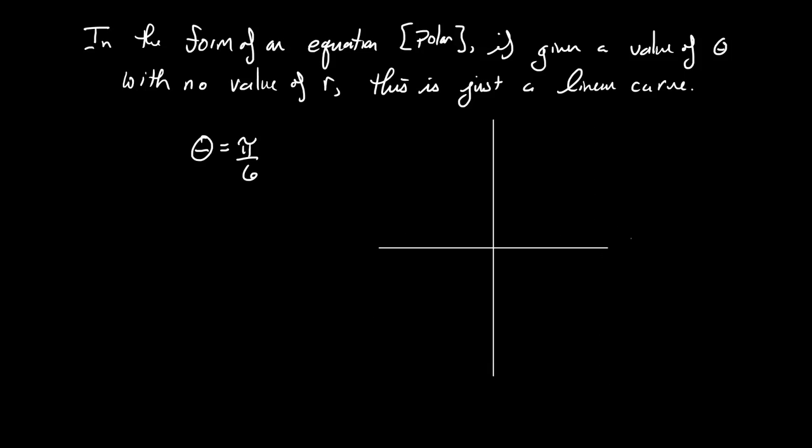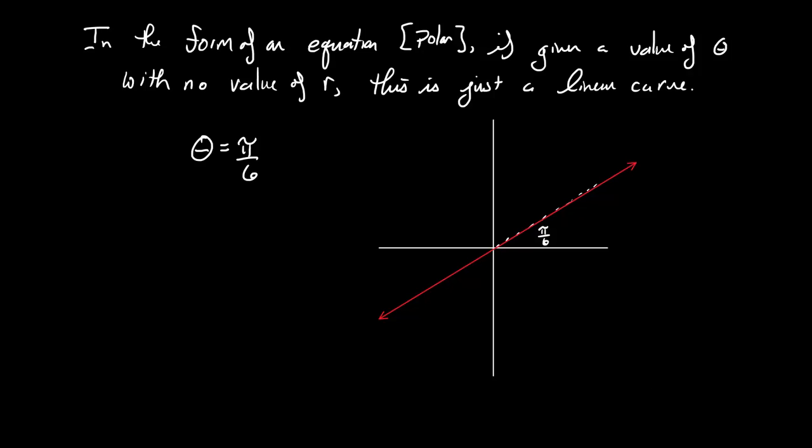If we look at theta being equal to pi over 6, we recognize that pi over 6 is approximately right here. So that means that the line will be this guy. Try my best to draw it. Let's see if I can get it right on point. There we go. I think that's the best that I can do. So that means that we're going to have that line.